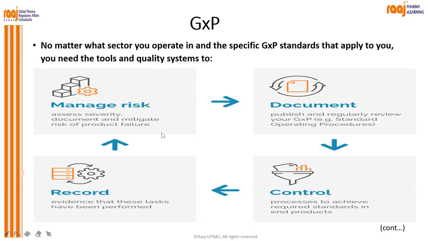So you have to learn how to manage the risk during your document control and the record. That's why GxP is very important in all stages, right from when your document starts, like writing, till it becomes a record, and how you control and manage the risk throughout the life cycle of documents.